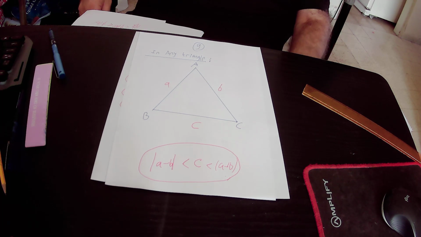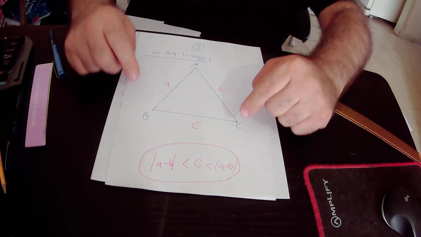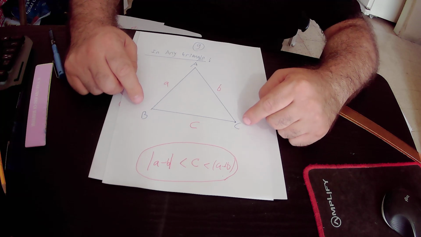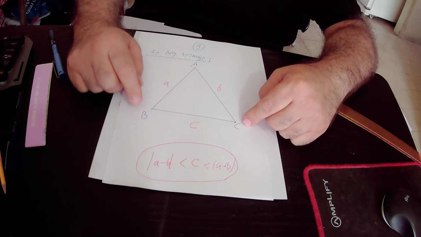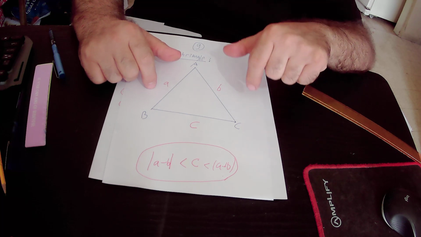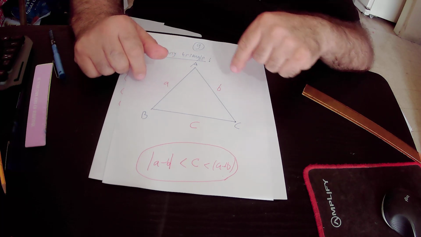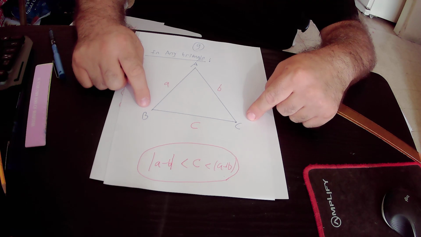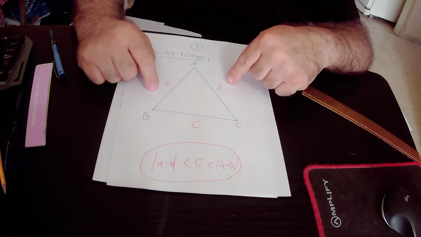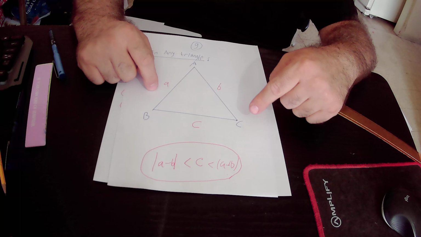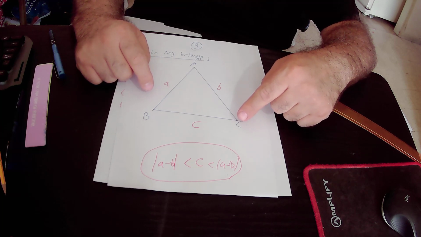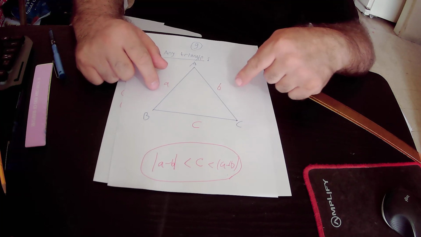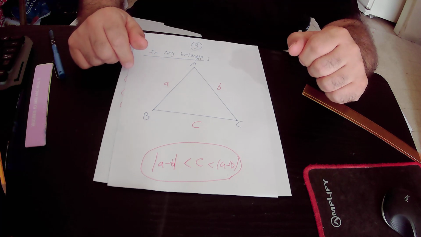Okay, so that is to say, the size of BC is C units, the size of AC is A units, and the size of AB is B units. So C will be smaller than A plus B from one side, but C will be bigger than A minus B. Okay?